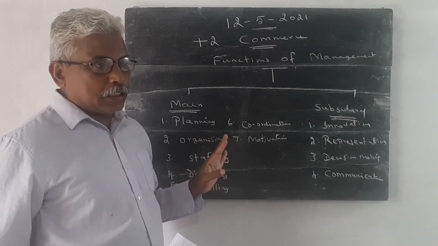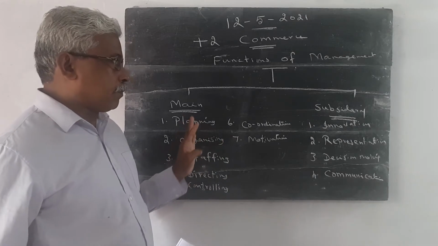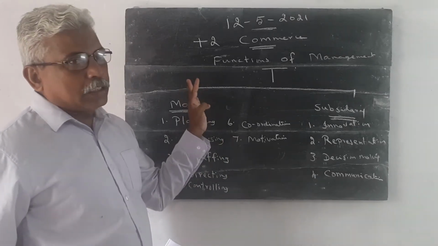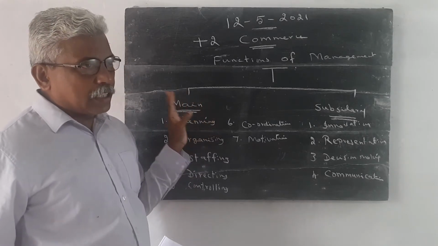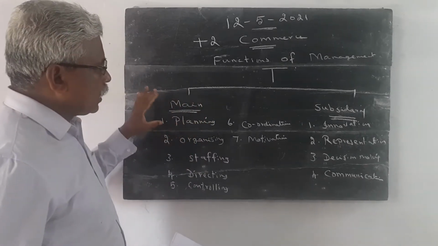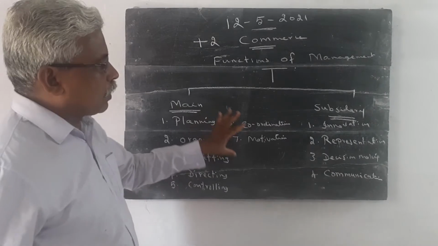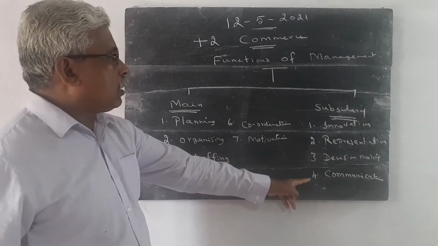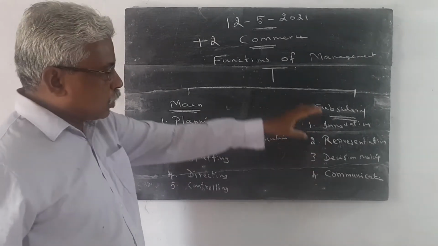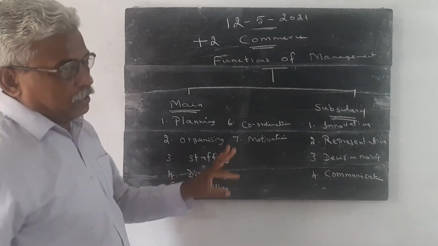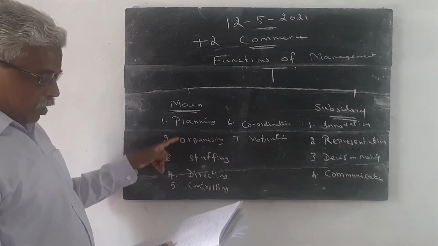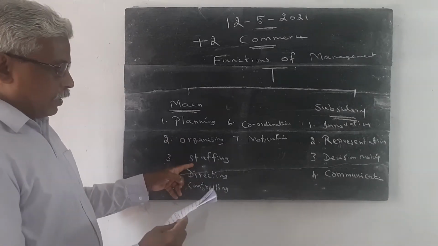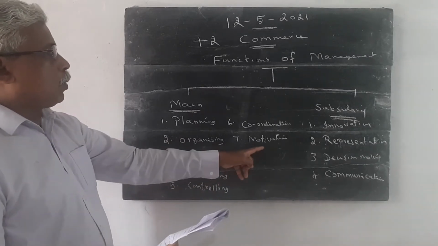In the examination time, normally this question is an essay type question. If this question is asked as an essay type question, we have to answer any 5 points out of 7 or out of these 11 points. You have to write any 5 points. So I want to explain these points: planning, organizing, staffing, controlling, and motivation.